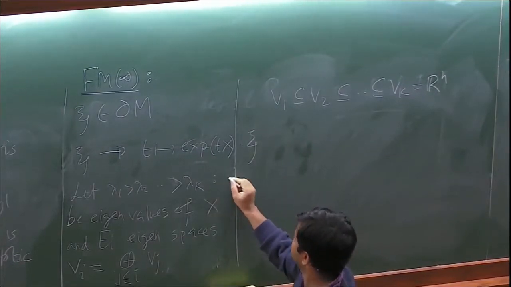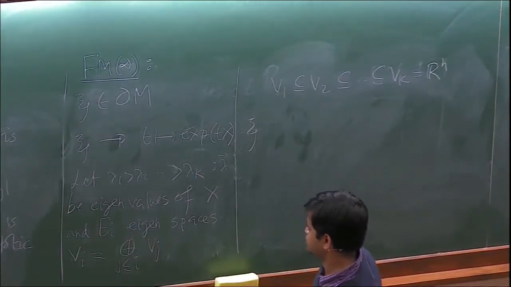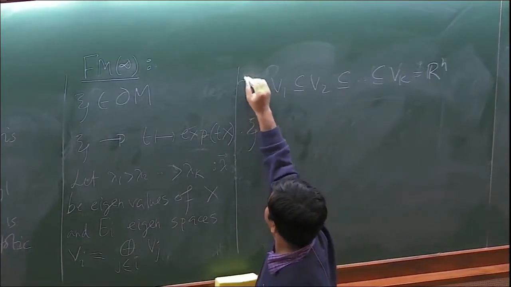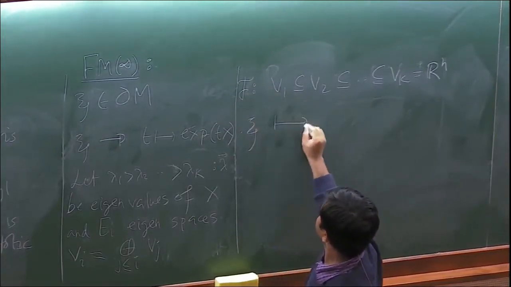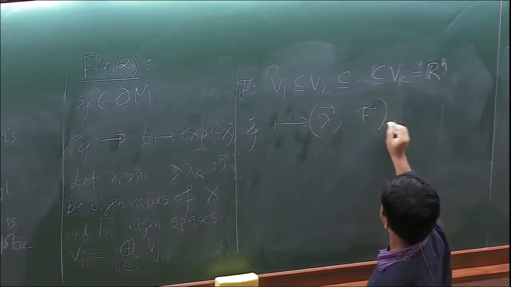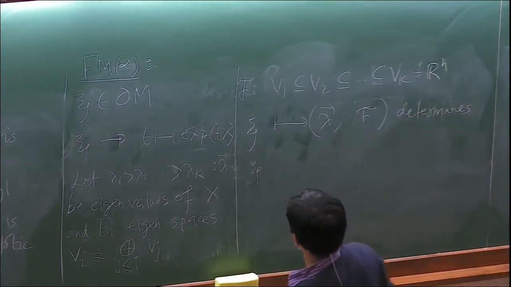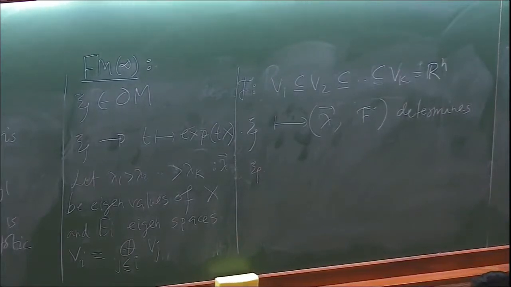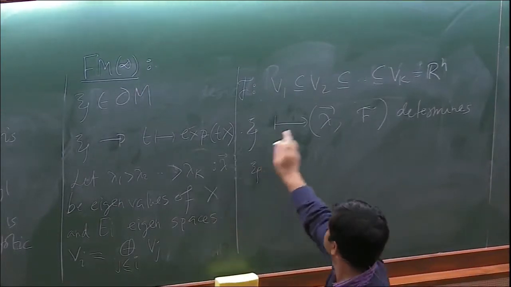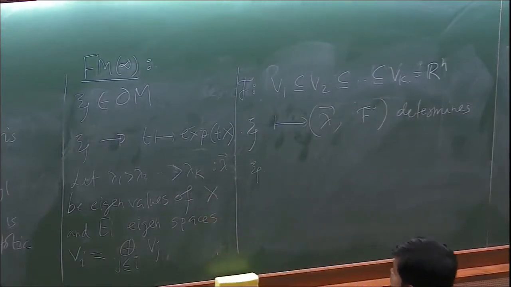Let us write the eigenvalues as this vector, something like that, and this as some flag script F. So this pair determines xi completely. That means given a point I have a unique pair, and for every such pair of eigenvalues and a flag I'll get a point. So this gives me a one-to-one correspondence between the eigenvalue-flag pairs and the points.